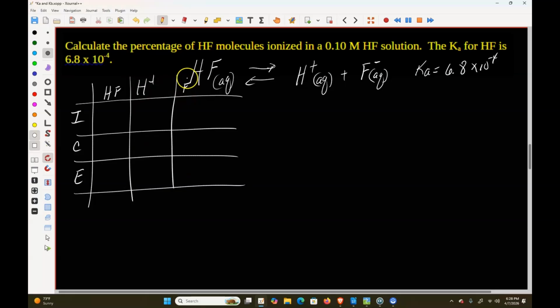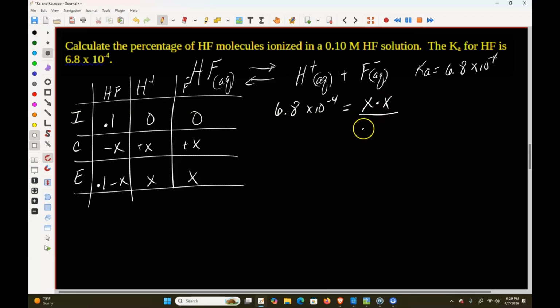And let's go ahead and populate an ICE table here. So this is 0.1, 0, and 0, minus x, plus x, and plus x, 0.1 minus x, x and x. So my Ka is equal to my x times my x divided by 0.1 minus x.